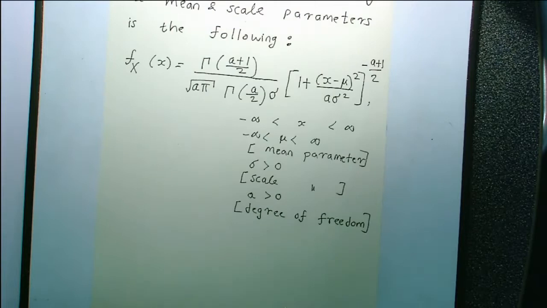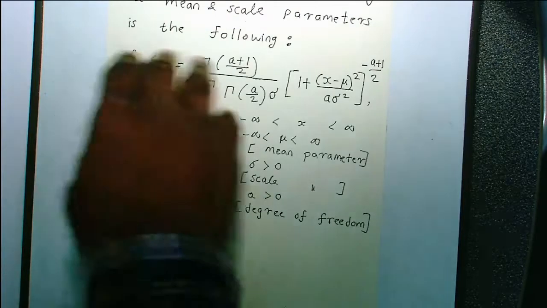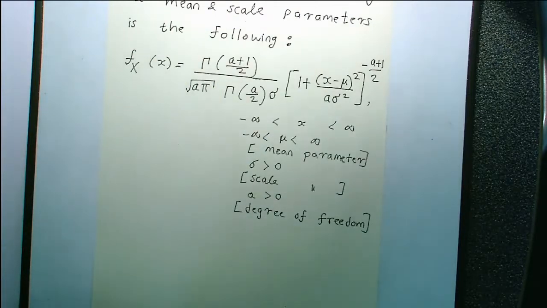All right. So this density here is an extension of the standard student's T density in order to have a mean parameter and a scale parameter, right?